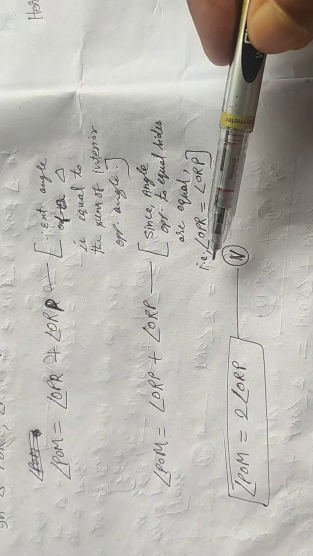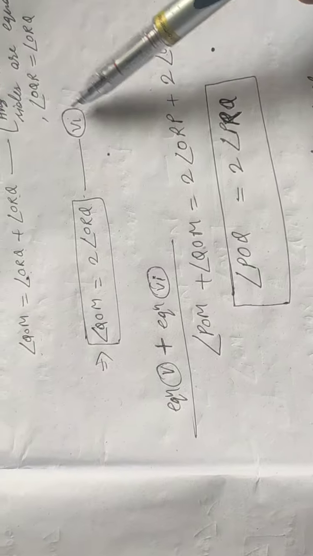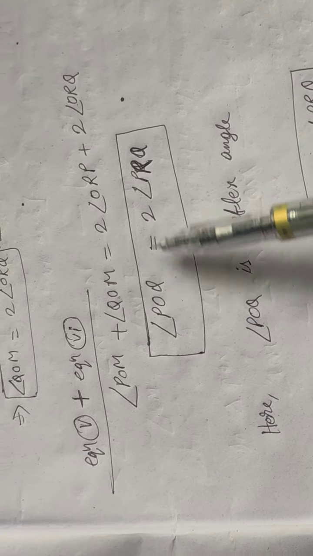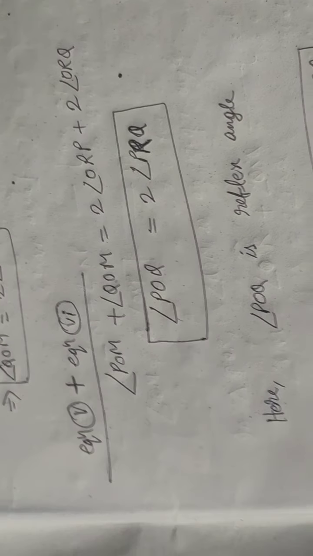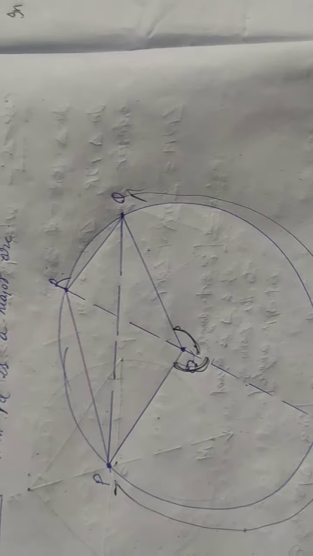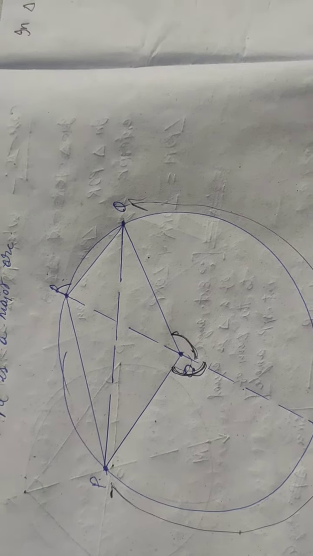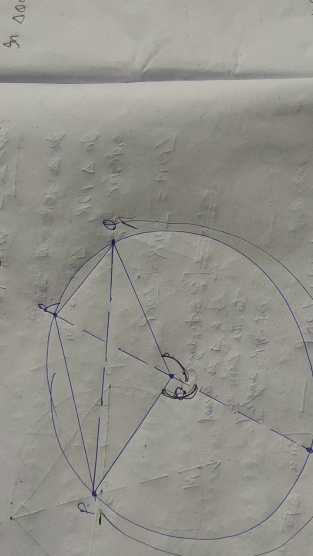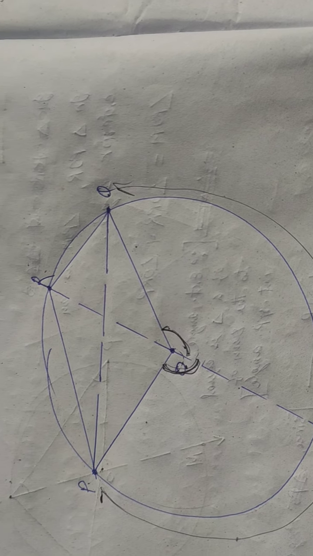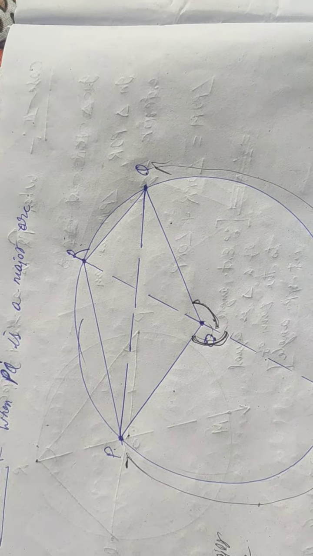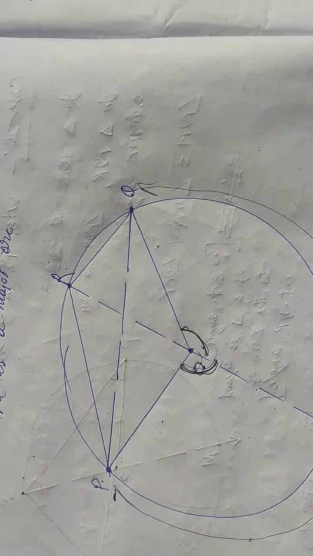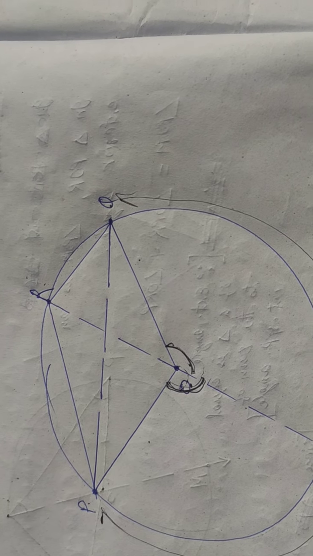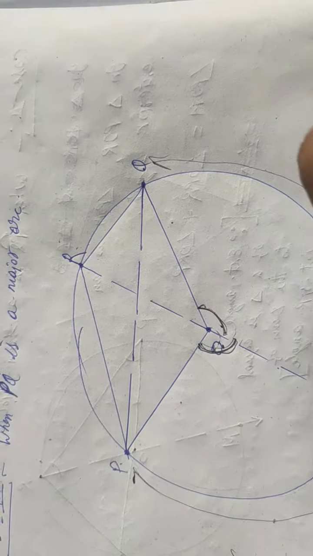Now what you do is add equation number 5 with equation number 6. What you get is that angle POQ is equal to twice of angle PRQ. So here basically what is this angle POQ? This angle POQ is less than 360 degrees. Basically this is less than 360 degrees but greater than 180 degrees.